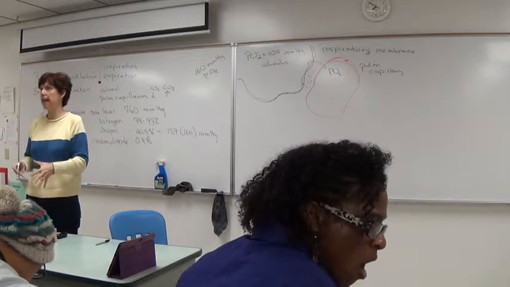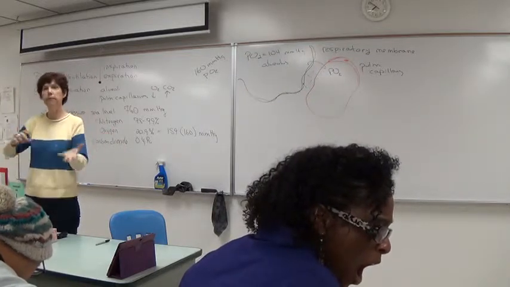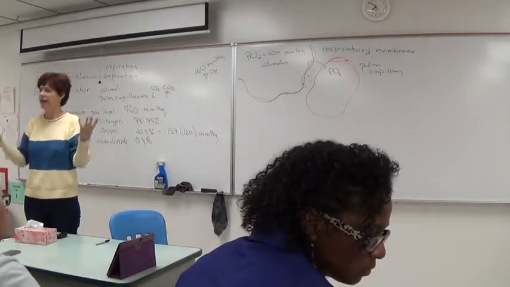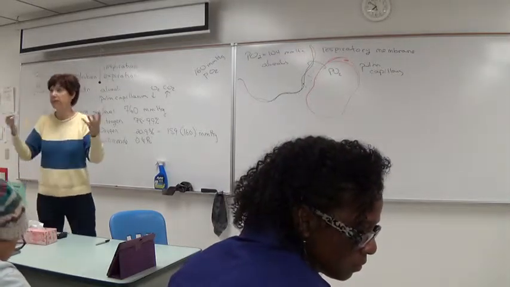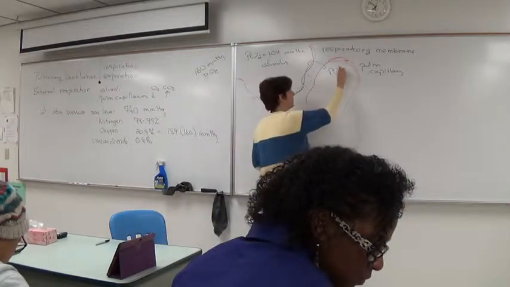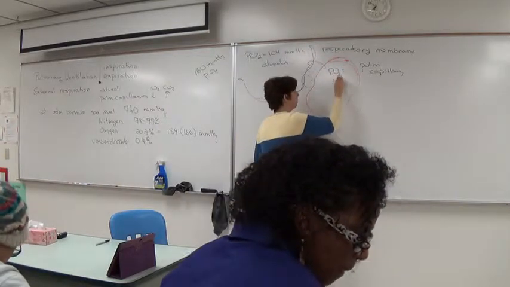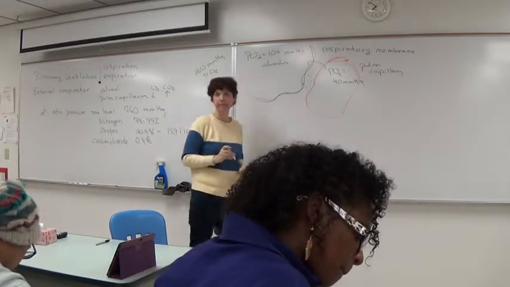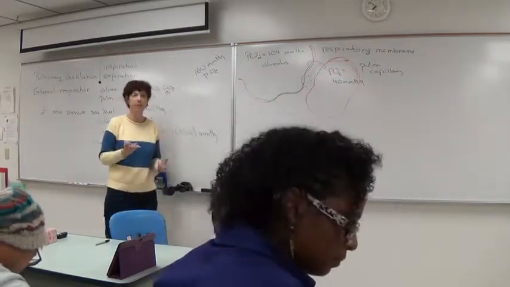Then it went into the right atrium, to the right ventricle, got pumped out of the pulmonary arteries into the lungs, but still deoxygenated blood. It's what was systemic venous blood in the body, so it's deoxygenated. So its PO2 is going to be approximately 40 millimeters of mercury, which is what our systemic venous blood is.